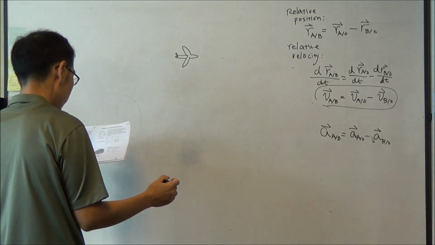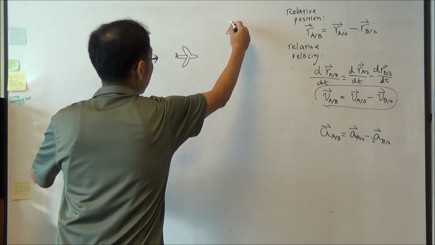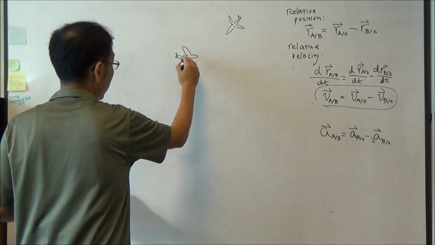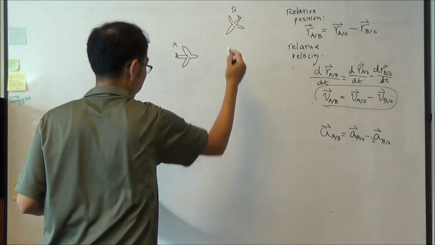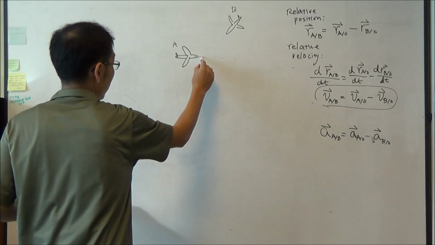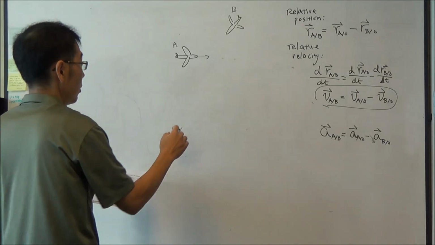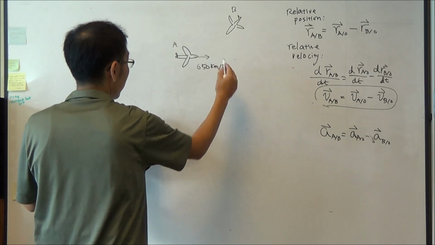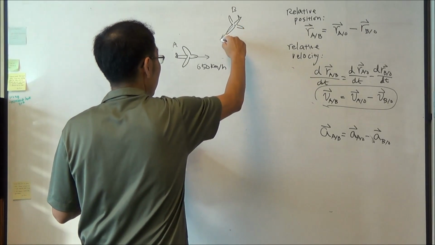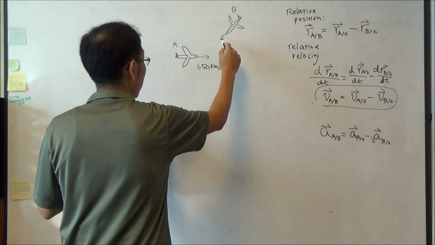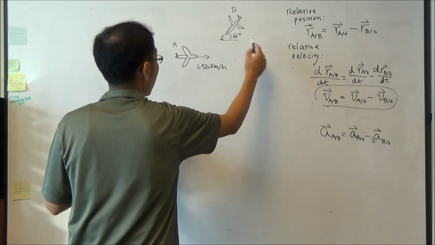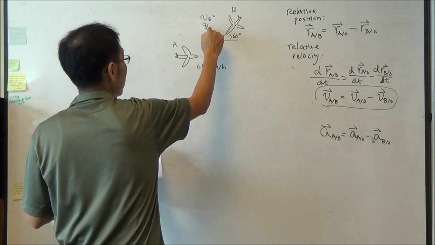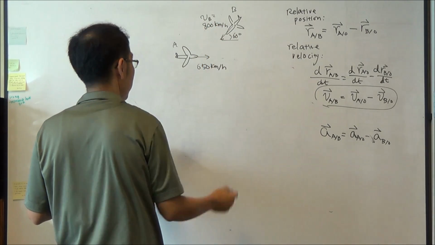This is plane A, and we have another plane, B. A is going to the right with a velocity of 650 km per hour, and B is going in this way, at an angle of 60 degrees, and velocity of B is equal to 800 km per hour.